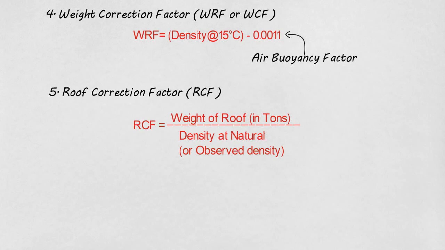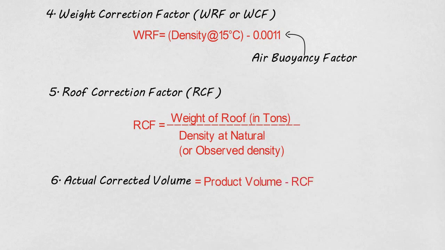So from the dip level you have calculated the overall volume, and now you have obtained the volume correction factor. You will have to subtract the roof correction factor from the overall volume. The new volume will be the corrected volume.